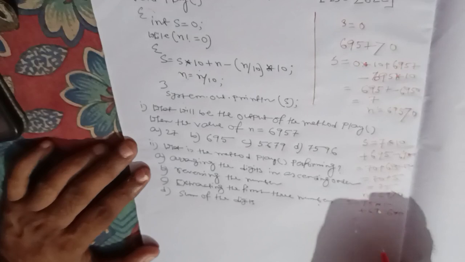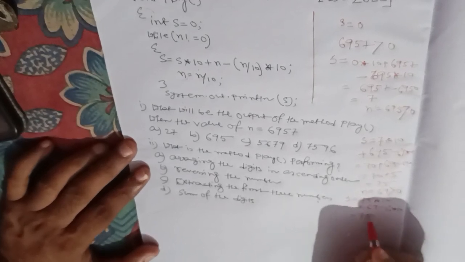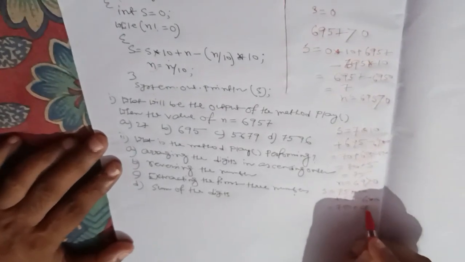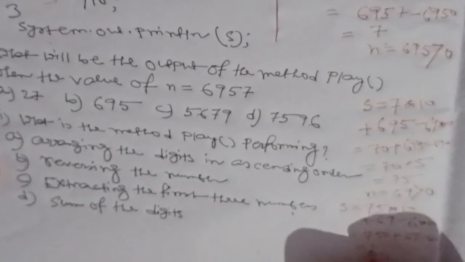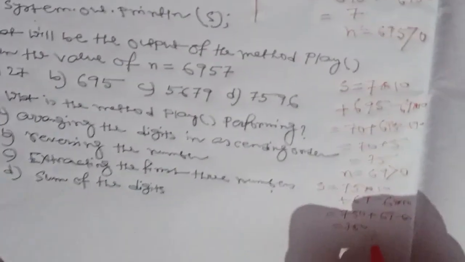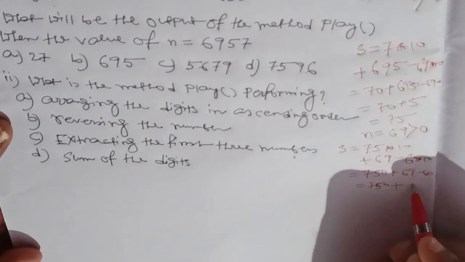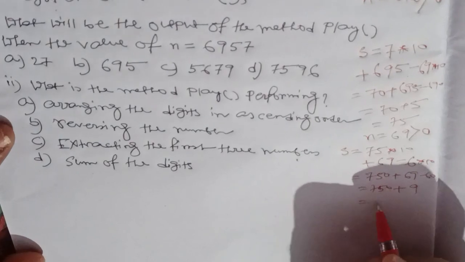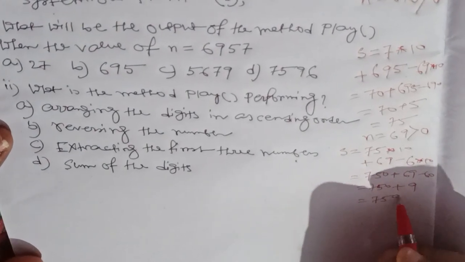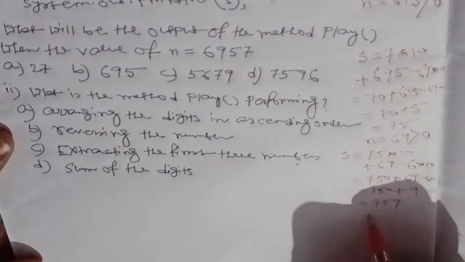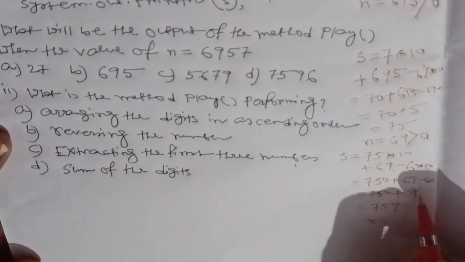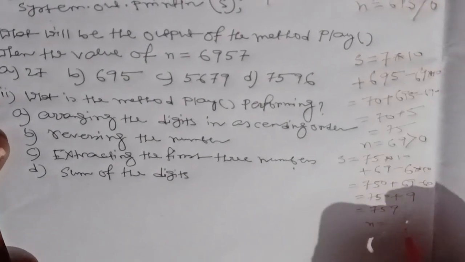So the current value of s is 750 plus 69 minus 60, 750 plus 9, 759. The current value of n is 6.